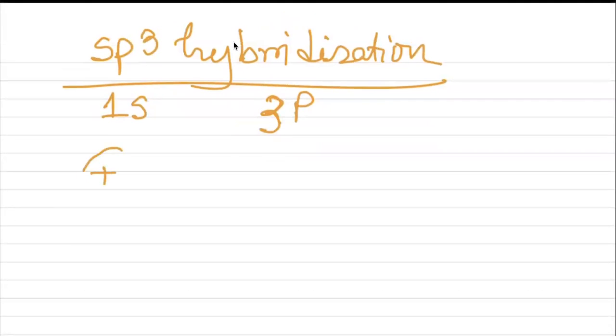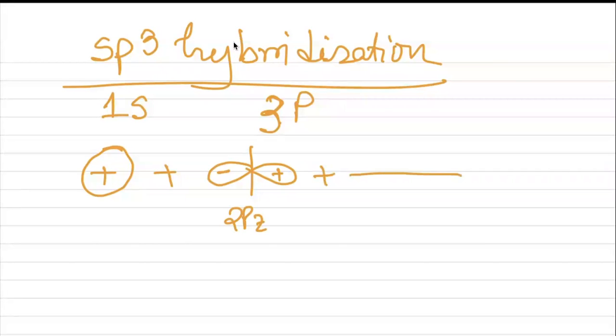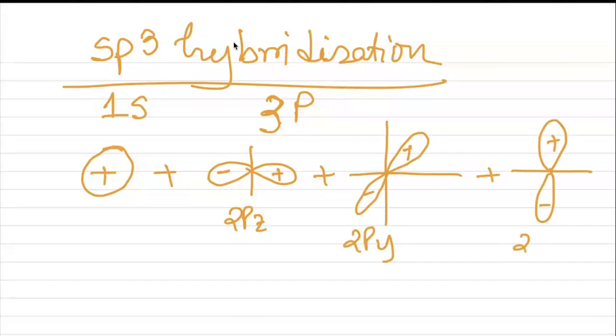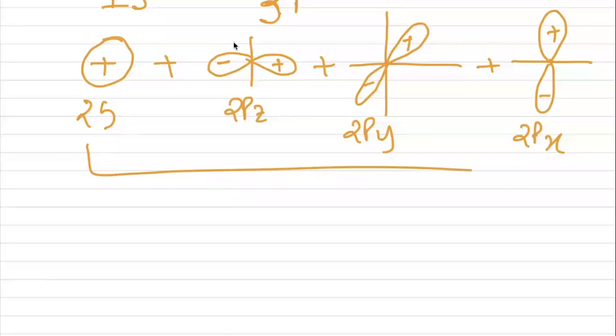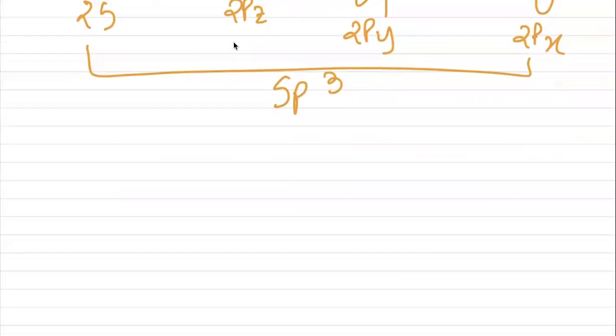One s orbital and three p orbitals will intermix and form sp3 hybridization, and it has a tetrahedral structure.